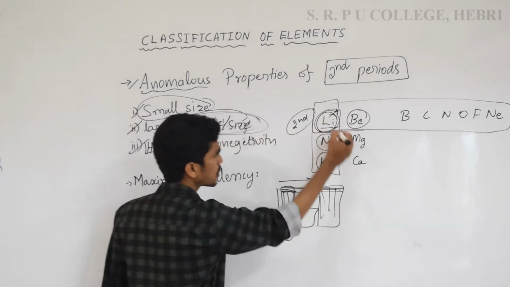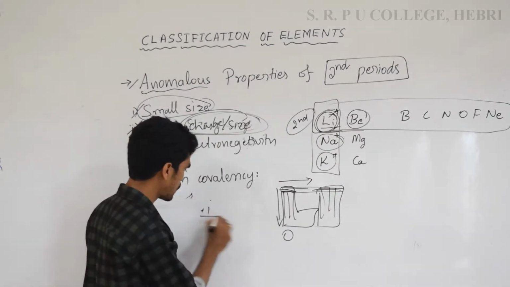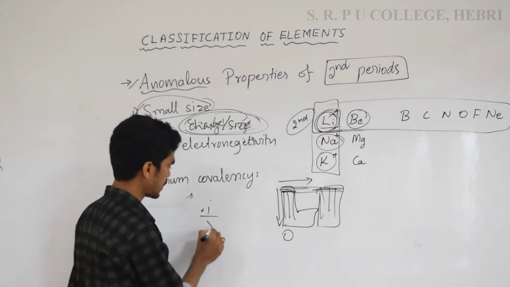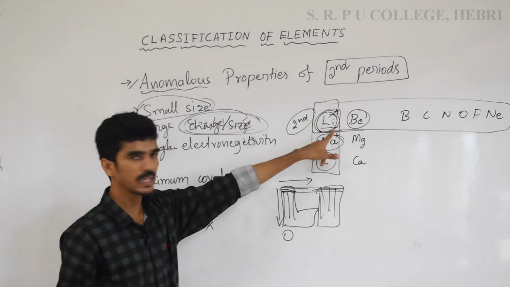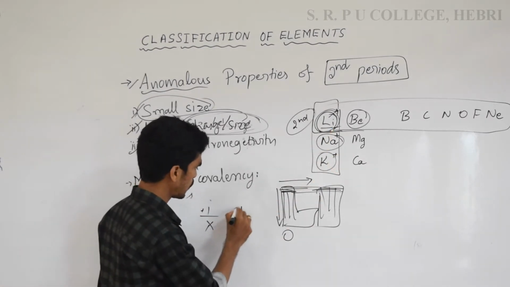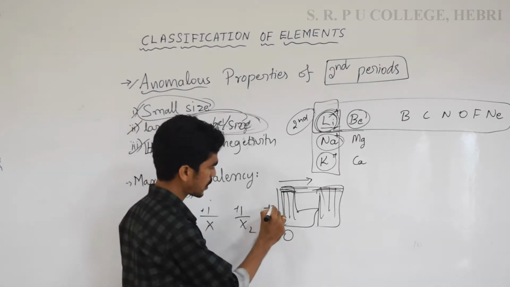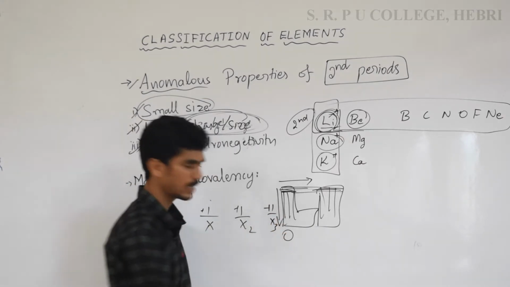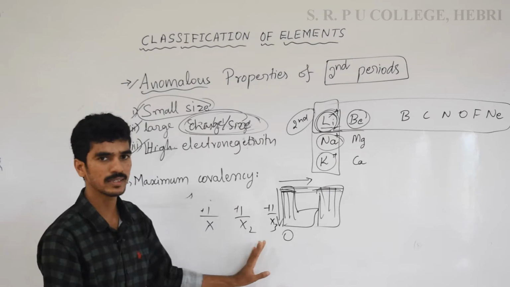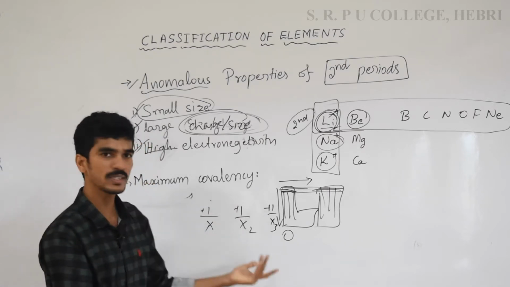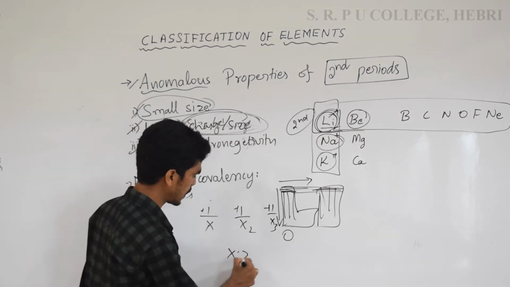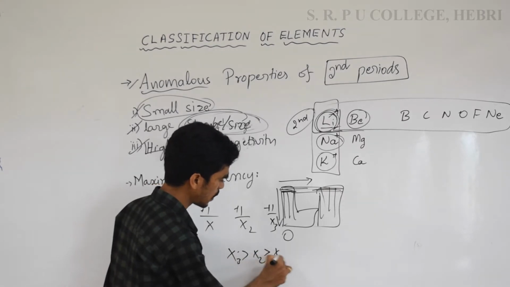One more concept, we can easily identify the large charge by size ratio. Here the charge is +1 only, and the size varies. Take lithium as +1 by x, sodium +1 by x2 and potassium +1 by x3. Just imagine the size, not the exact value, as x. Which size is greater? x3 is greater than x2, than x1.